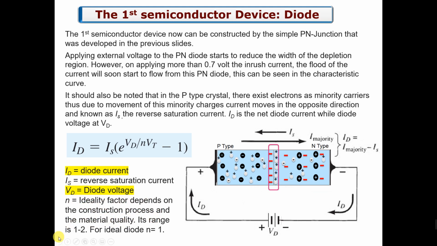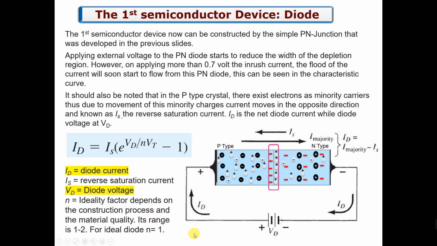Its value ranges from 1 to 2, and in some cases it exceeds 2. As the name implies, if n is equal to 1, the diode is ideal. Throughout this course we will use the ideality factor as 1 for the sake of simplicity.